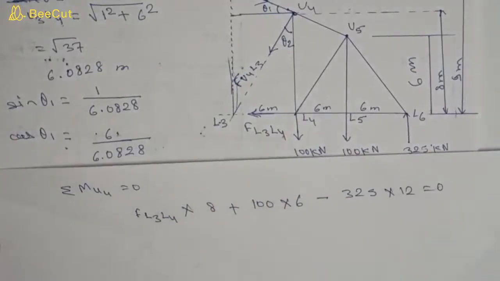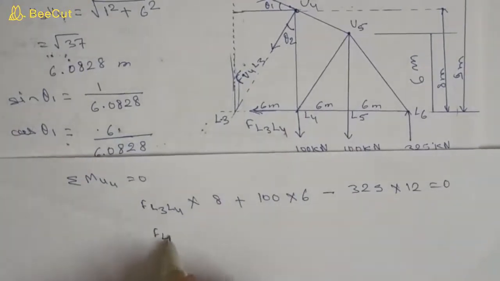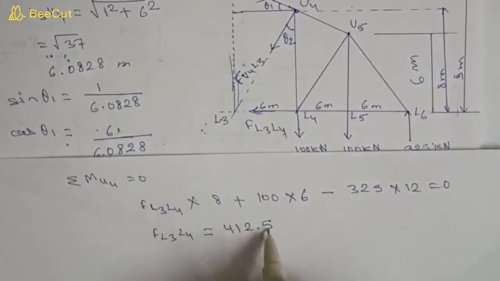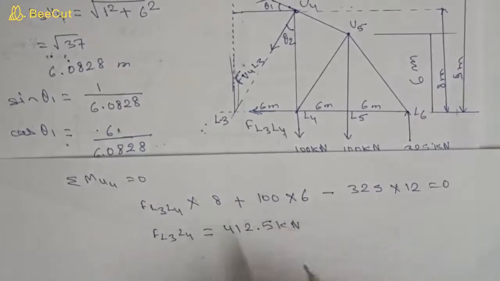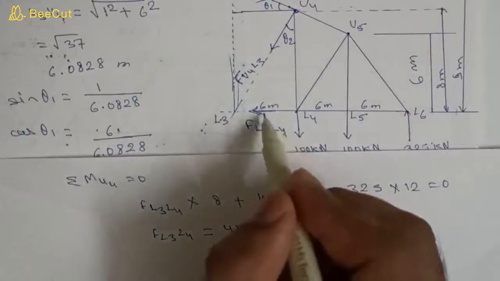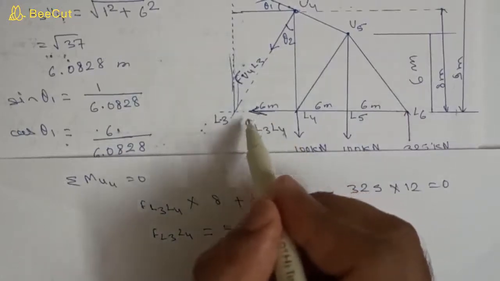So we will get F L3 L4 will become 412.5 kilonewton.